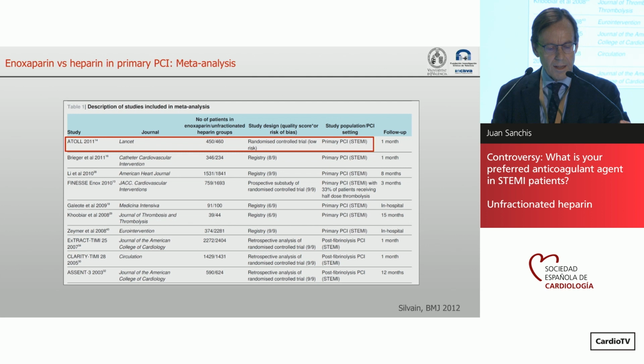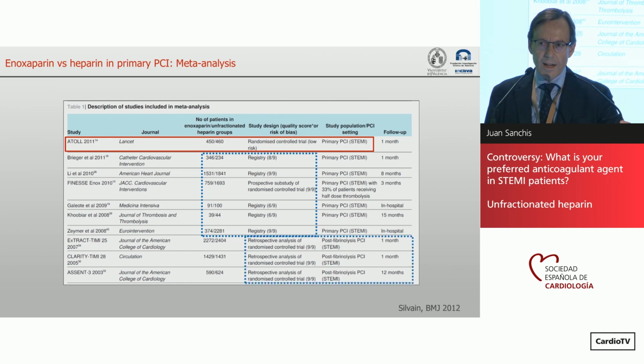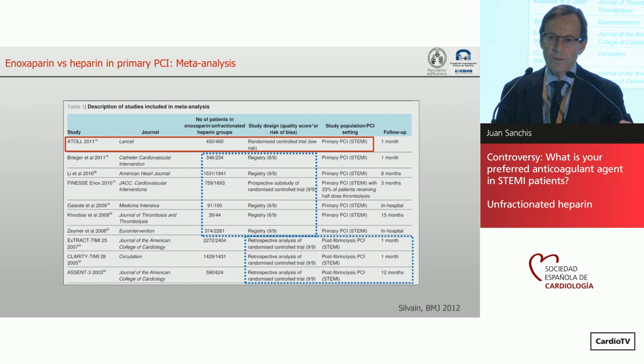In fact, the ATOLL trial was the only randomized trial in primary PCI. The remaining studies were registries, some of them with few patients, or post-hoc analyses of trials where fibrinolysis was the main treatment and post-fibrinolysis PCI was considered.